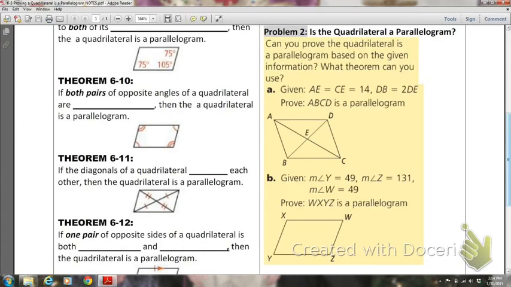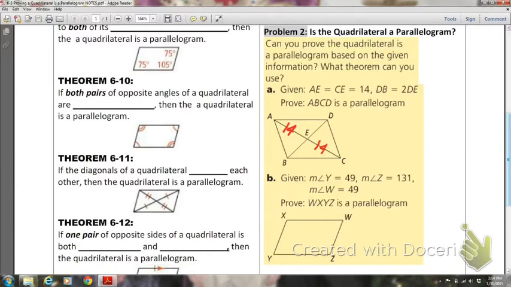In problem 2, you have to determine whether the quadrilateral is a parallelogram with the given information. So can you prove the quadrilateral is a parallelogram? Based on the given information, what theorem can you use? We need to apply the theorems that we've just gone over on the left side of the page. The first one says that the length of AE is equal to the length of CE, and they're both 14.